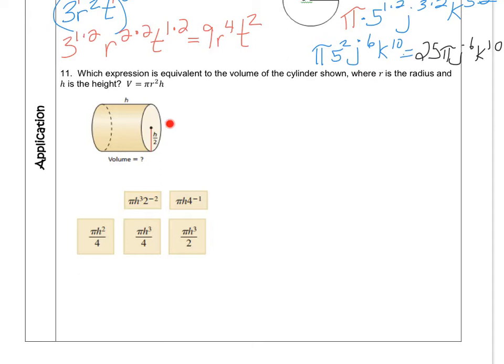So I want you to solve it, substituting for your radius, for your r, this h over 2, and then figure out which of these you can get rid of and which are possible answers that work. Go ahead and do this work on your own. Pause your video, give it your very best shot, and then once you've got it figured out, start the video back up for the explanation.